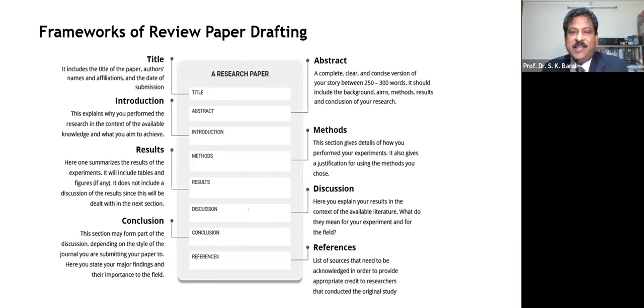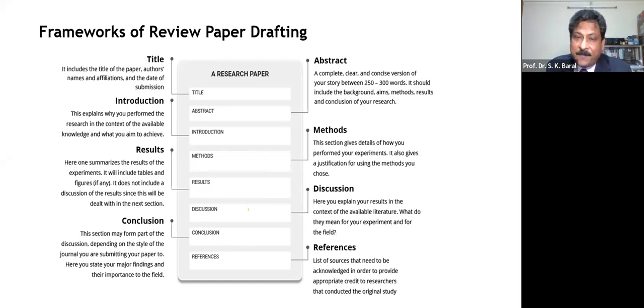And the second is the abstract. Abstract is a very concise version. It is a very small story you have to write, with 250 to 300 words. Nowadays many journals have also reduced their abstract to 150 words.